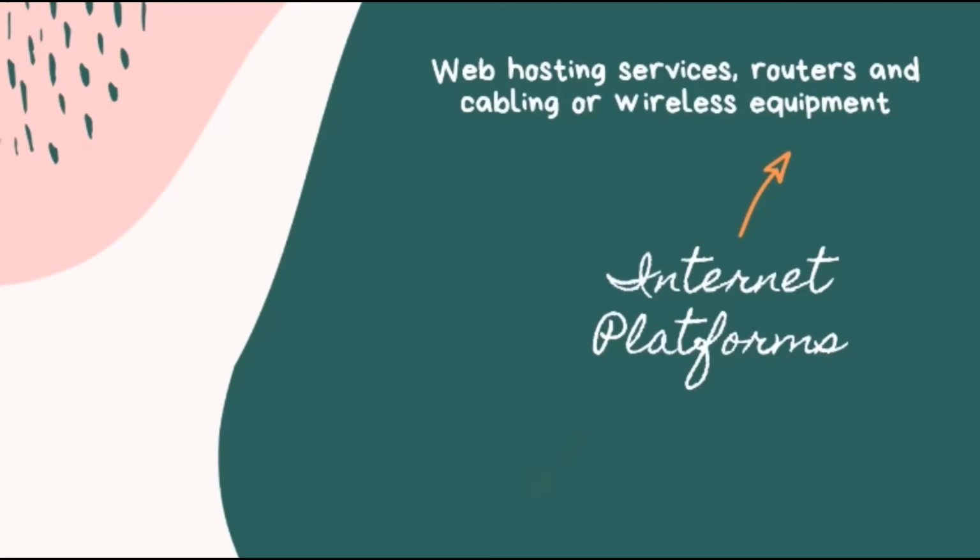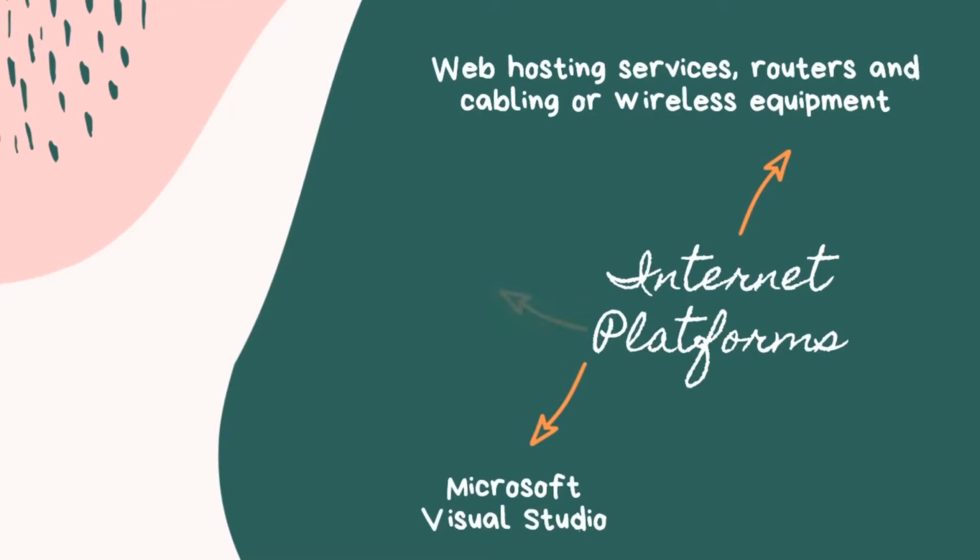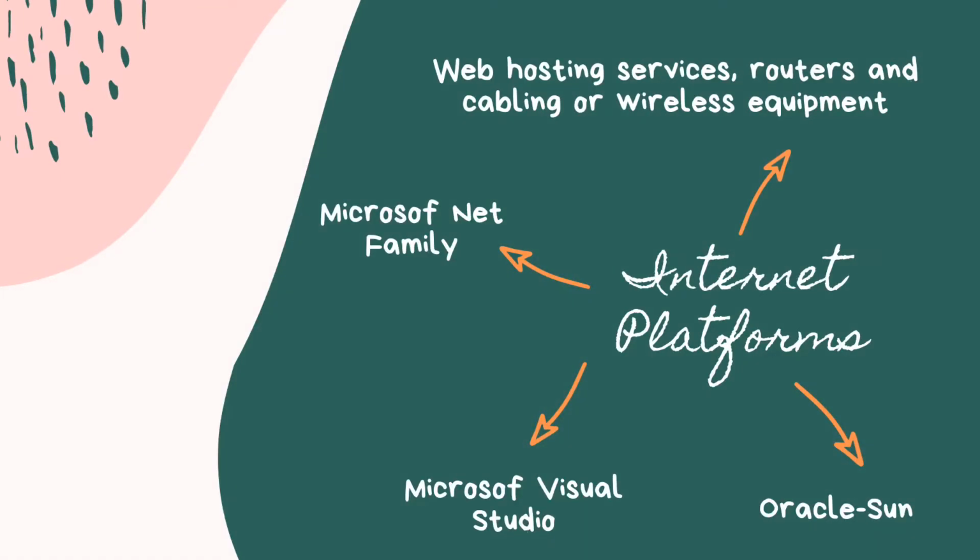A web hosting service maintains a large web server or series of servers and provides fee-paying subscribers with space to maintain their websites. The major web software application development tools and suites are supplied by Microsoft Visual Studio, the Microsoft .NET family of development tools, and Oracle Sun Java.